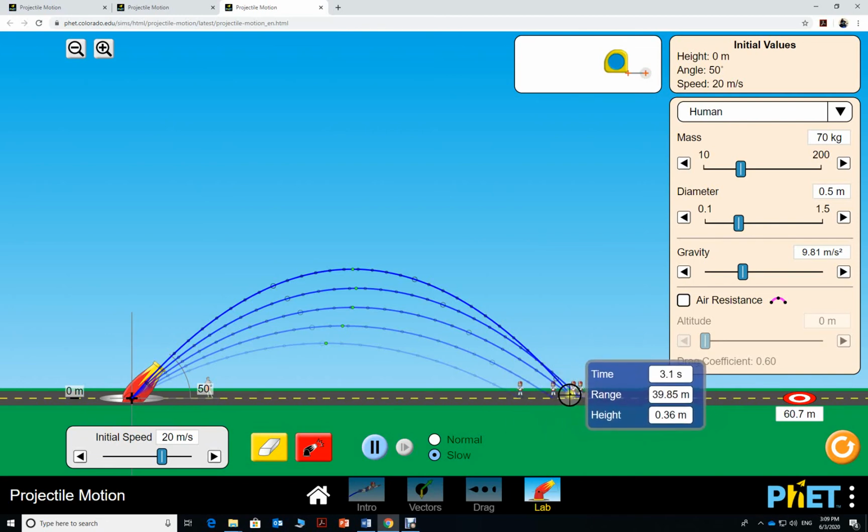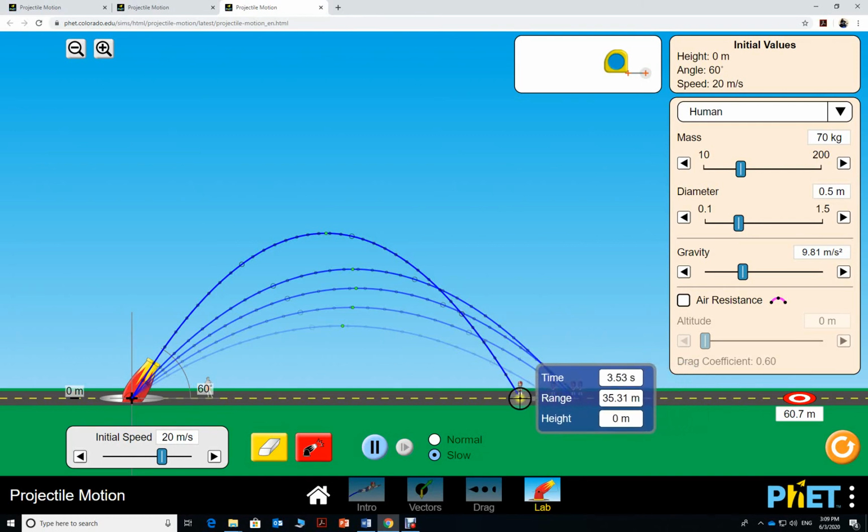You will find that at 45 degrees is the maximum range, and the range decreases again when the angle increases more and more, and you will measure different ranges with different angles according to table 3.